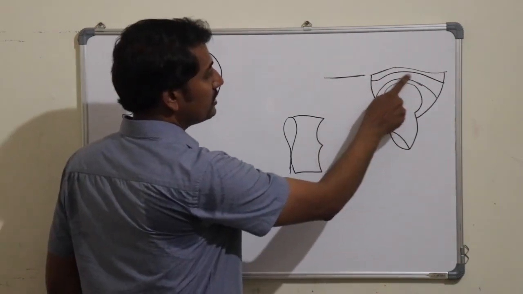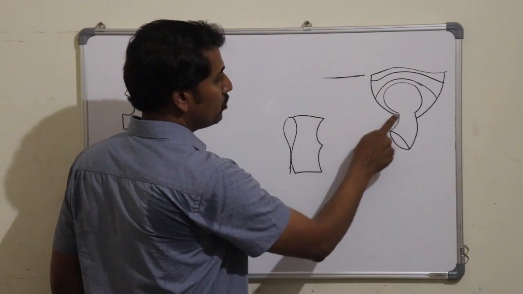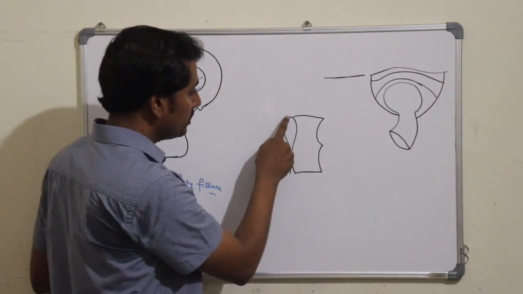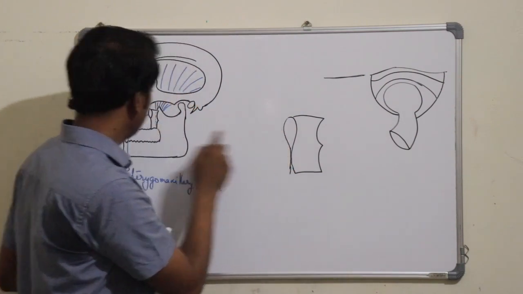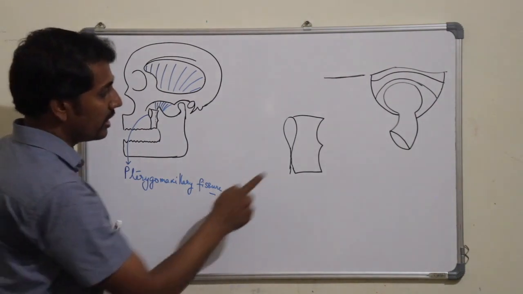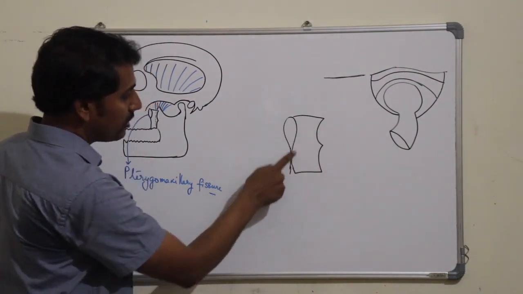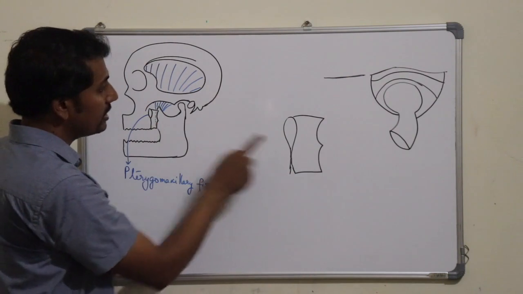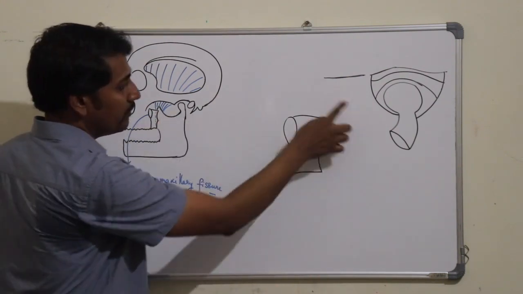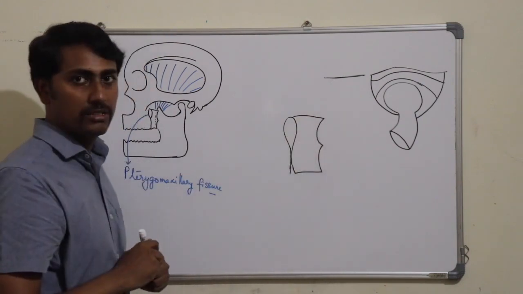This is the articular disc and this is the capsule of the temporomandibular joint. Okay, this was the pterygomaxillary fissure, and this was the lateral pterygoid plate. We have removed the coronoid process of the mandible in this region.